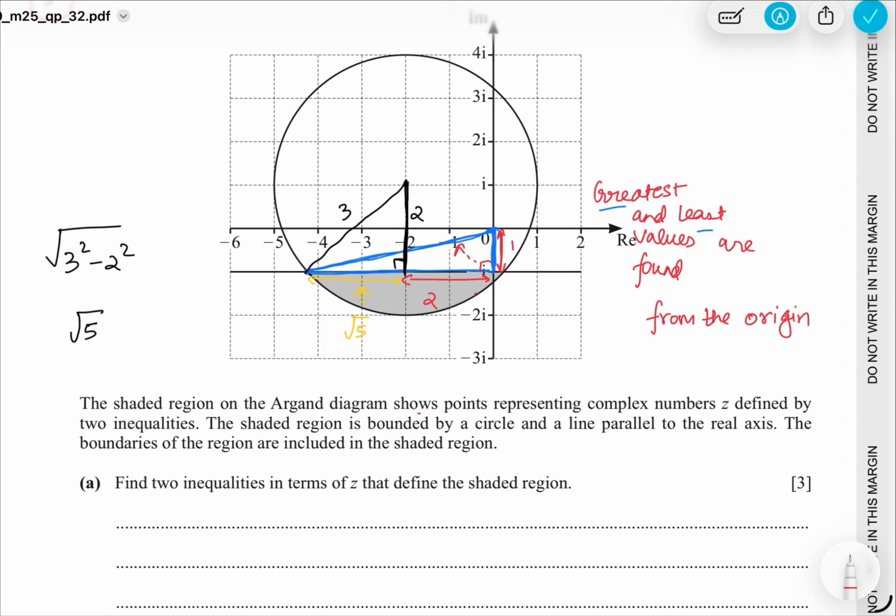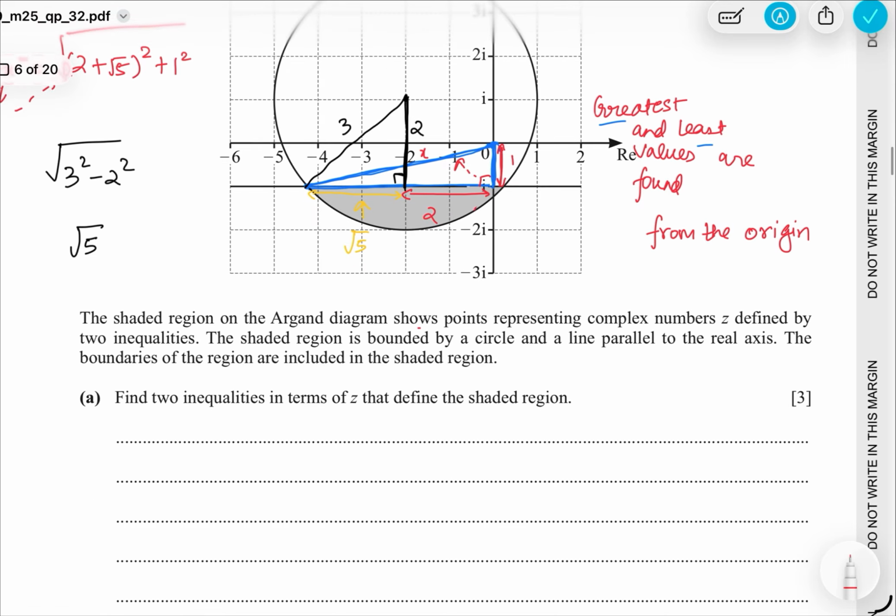So the hypotenuse, let it be x. So x squared equals 2 plus root 5 squared plus 1 squared, and then square root of it. To find x, we have to take square root, right?